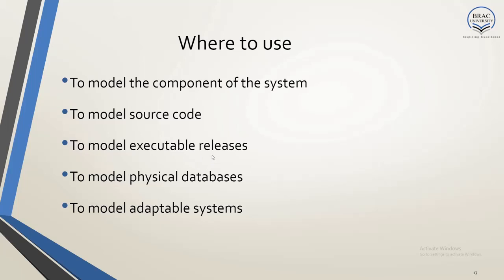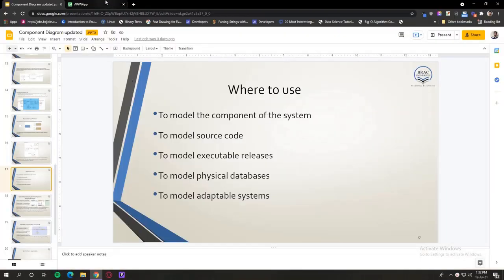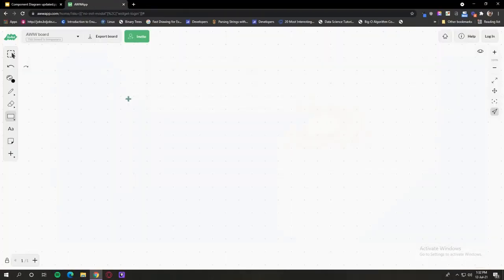Okay, so now let's look at a very simple example of a component diagram. Let us think about Foodpanda. What Foodpanda does is connect the restaurant to its customers through an online platform, right?